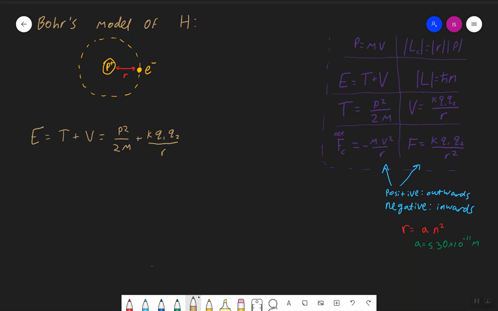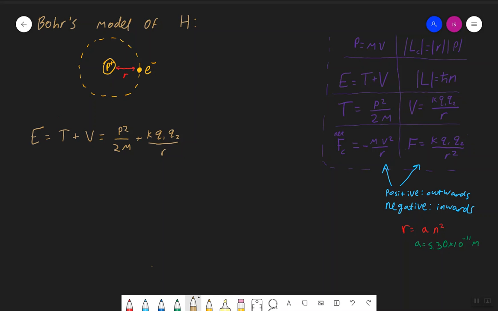Okay, so now we've got to look at what this p squared over 2m is. So let's go back for a second to the proof that we had before, where we were doing the derivation to find R.